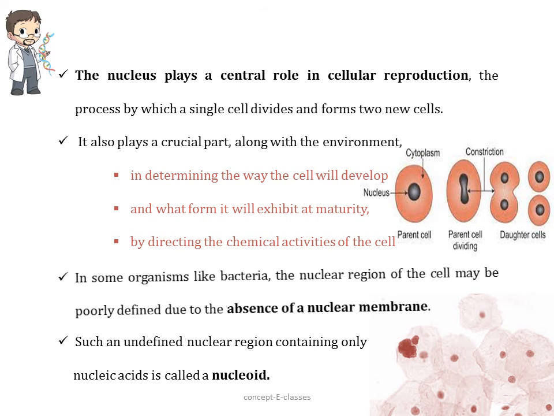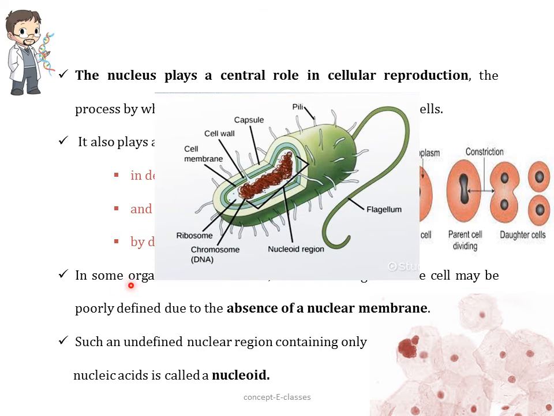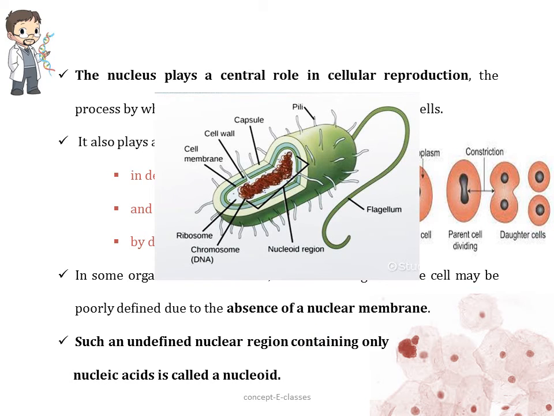Now in some organisms like bacteria, the nuclear region of the cell may be poorly defined. That is, we cannot see the boundary due to the absence of a nuclear membrane. Such an undefined nuclear region containing only nucleic acids is called a nucleoid.